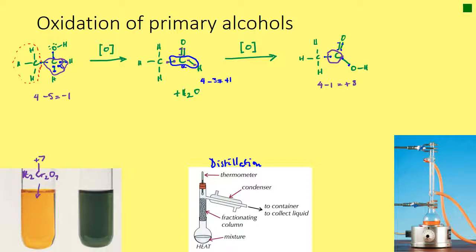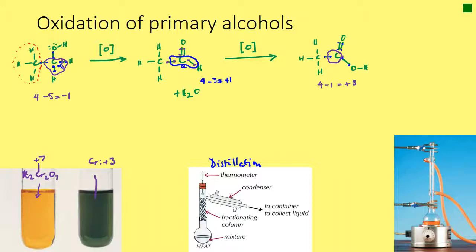And when it's an oxidizing agent, it itself gets reduced, right? And so when it gets reduced, the chromium has an oxidation state of +3, and when it's +3, it's this greeny color. And so we can see that oxidation is happening because we can see this color change.